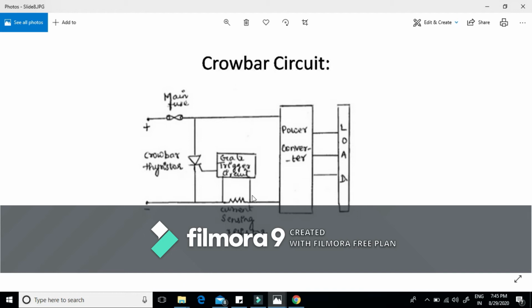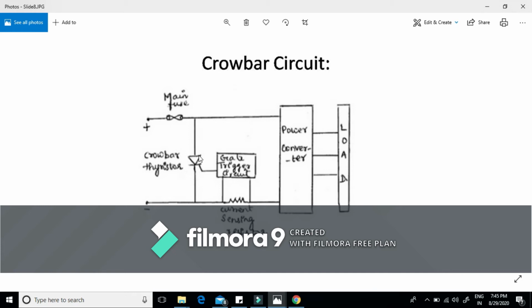If the value of this current exceeds the preset value, the gate trigger circuit provides the signal to the crowbar SCR and turns it on in a few microseconds. The input terminals are shorted by this SCR, and hence it shunts away the converter overcurrent.